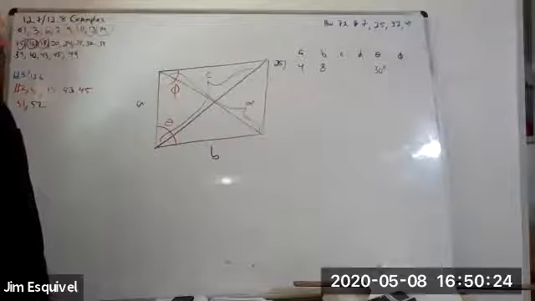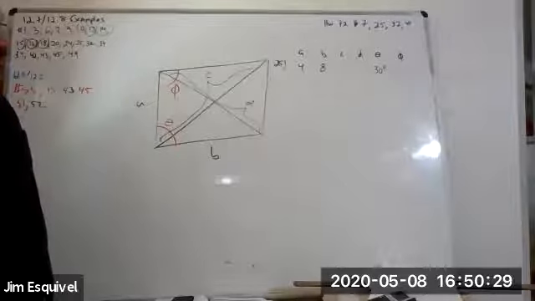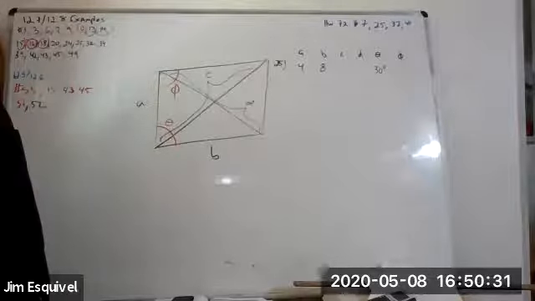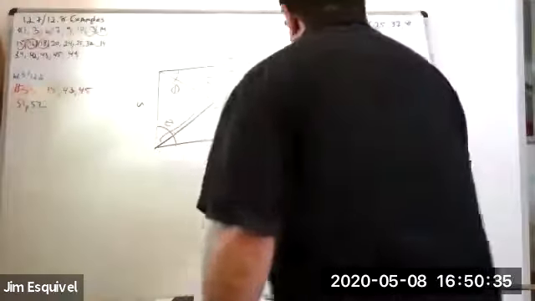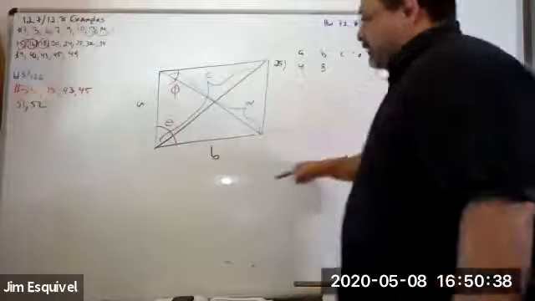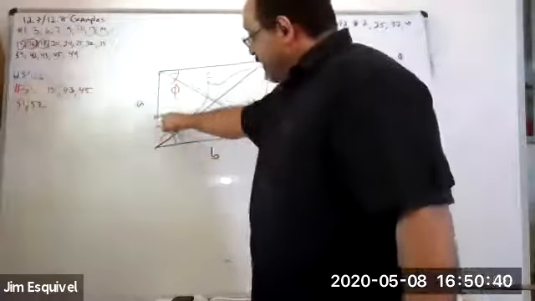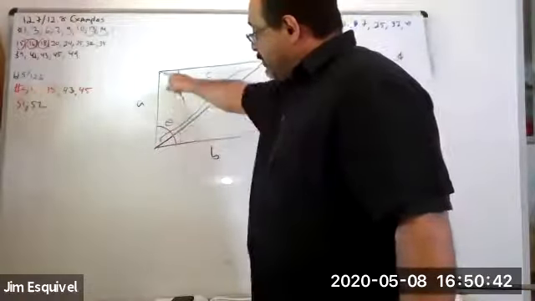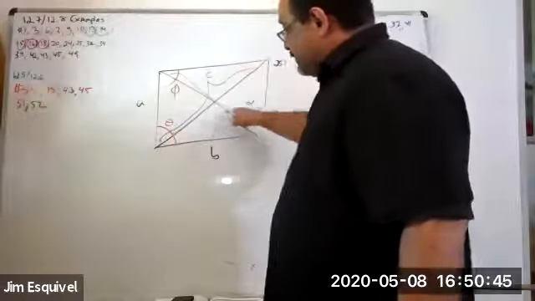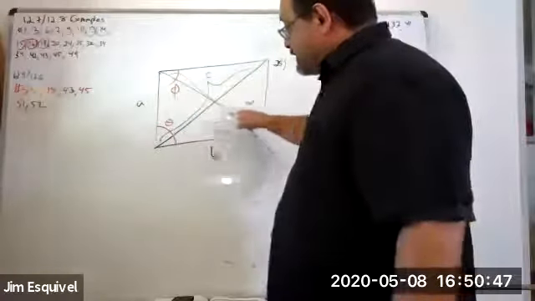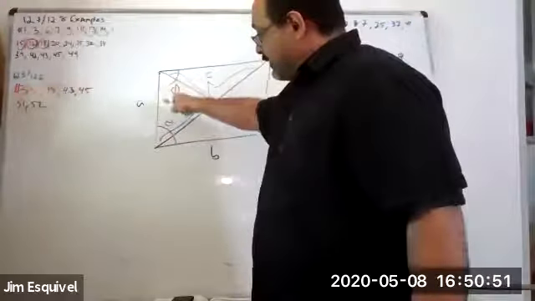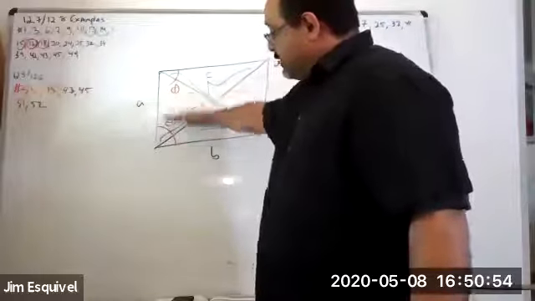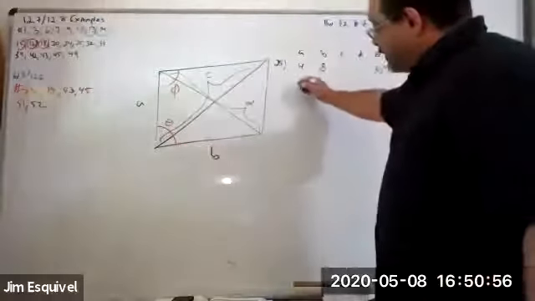Sometimes when you have as messy a complicated picture as we have right here, it's going to pay off for you to separate what you're looking at. We have A, B, and this whole angle theta, which means we have this triangle that comprises the left corner of the parallelogram.